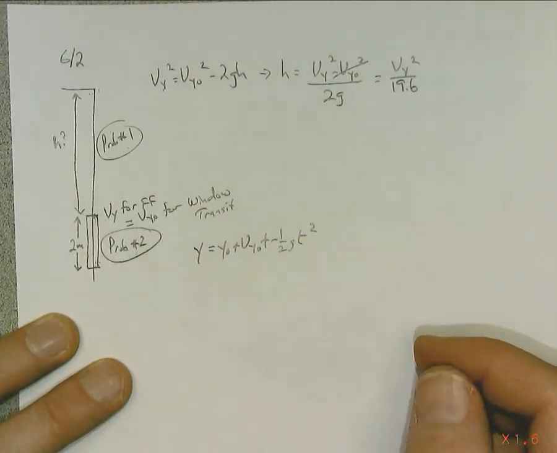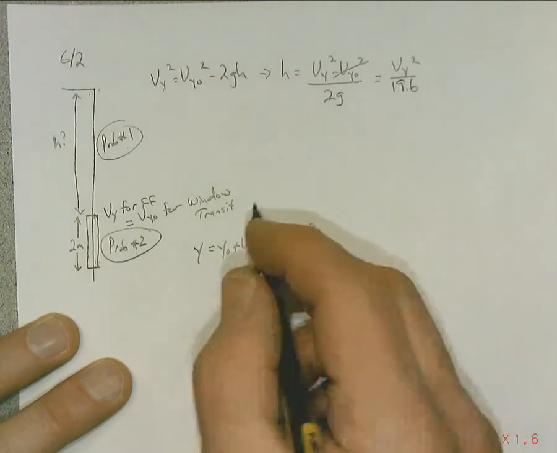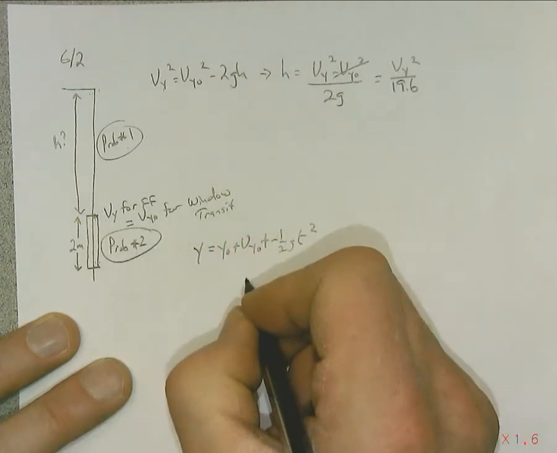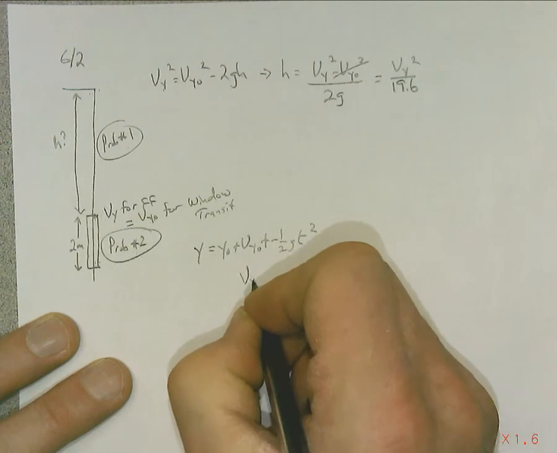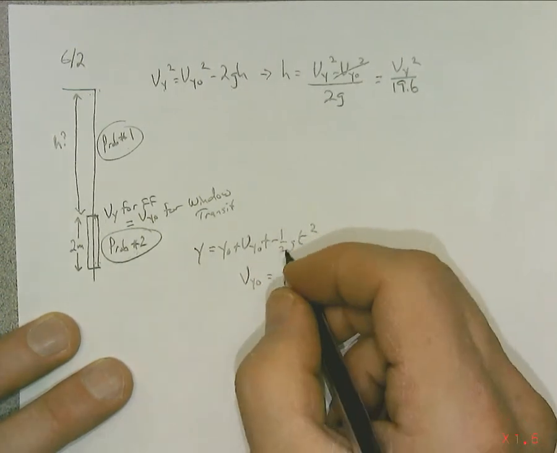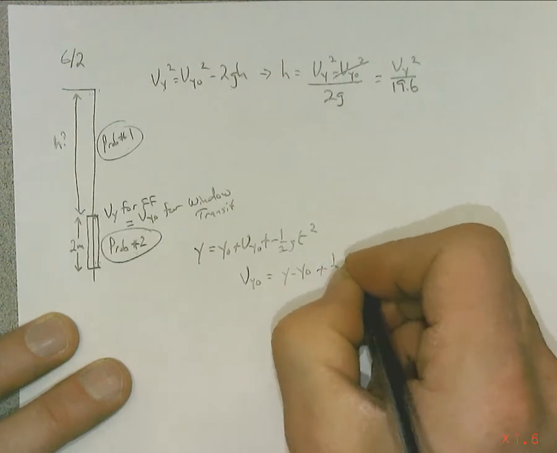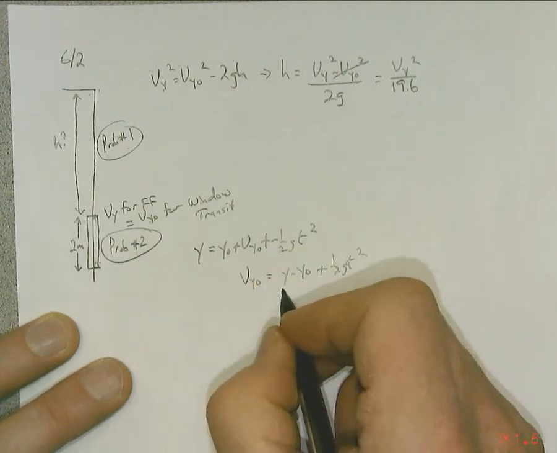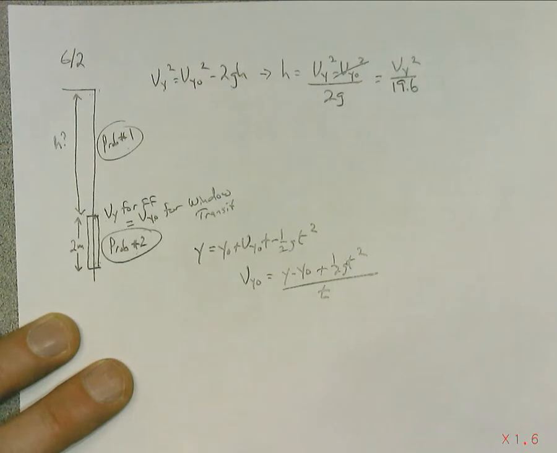So in this case, we need to find the Vy0. So let's go ahead and solve that algebraically. Vy0 is equal to y minus y0 plus 1/2 gt squared all over t. I believe that would do it.